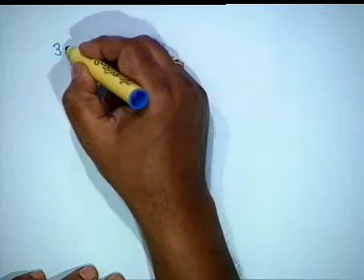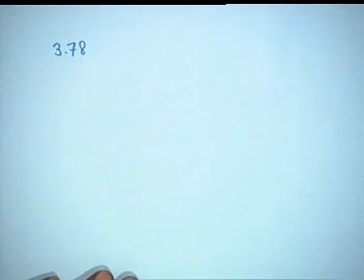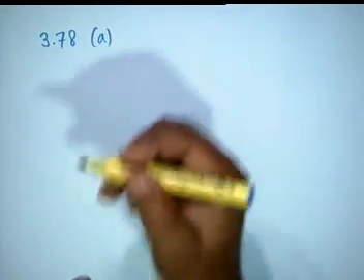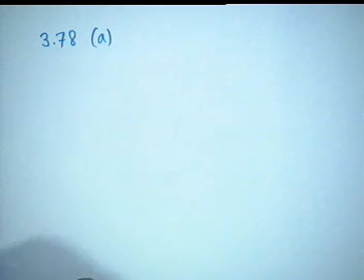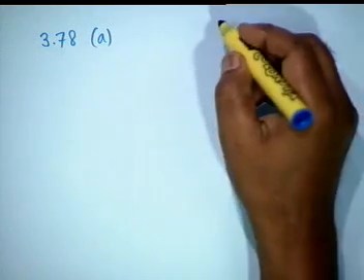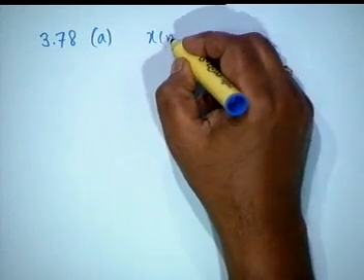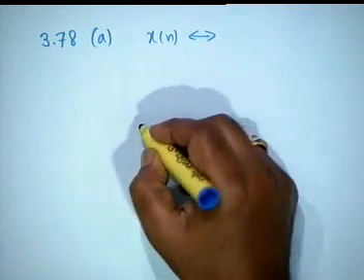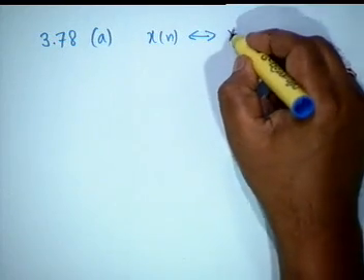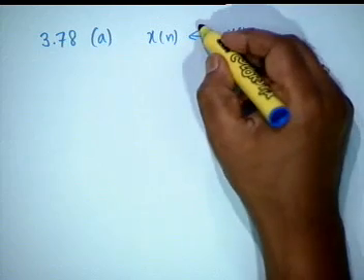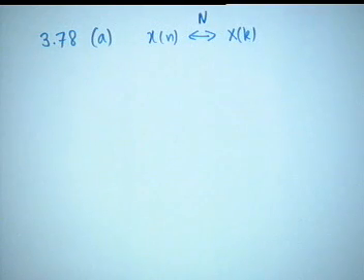The next one is also with a similar complication, 378. I will only solve the A part. It says consider a sequence x of n of length capital N, which is a DFT of capital X of k.